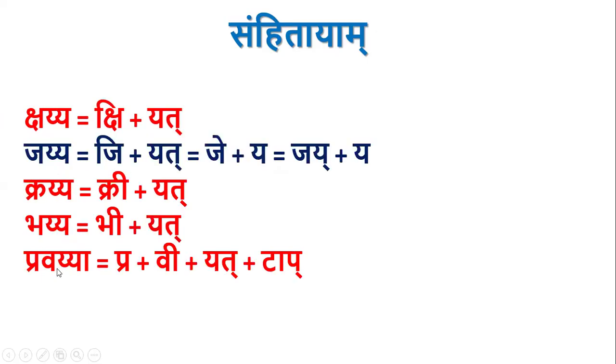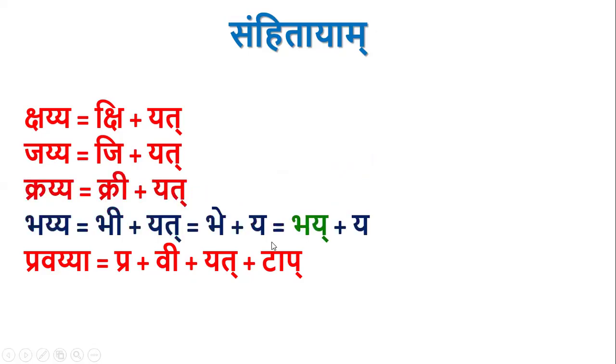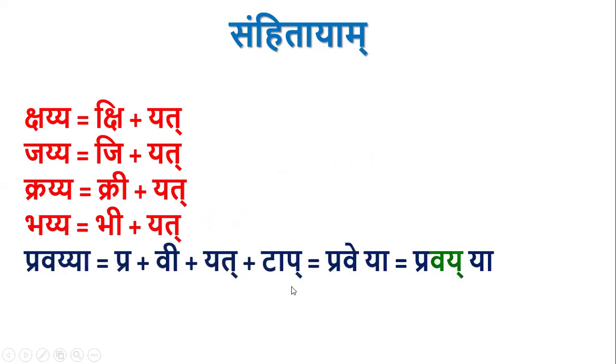Similarly, if you take Jaya, it is Ji plus Yat, Je plus Ya. Jaya is possible only if there is Ayadesha here. Similarly, Kraya is possible only if there is Ayadesha here: Kre should become Kray. Similarly, Bhaya is possible only if Ayadesha is possible here also: Bhe should become Bhay. Similarly, Pravaya, where Ve becomes Vay.